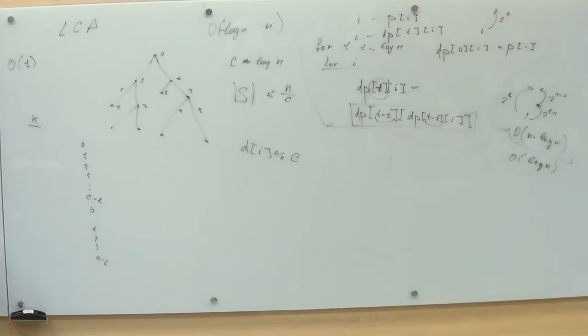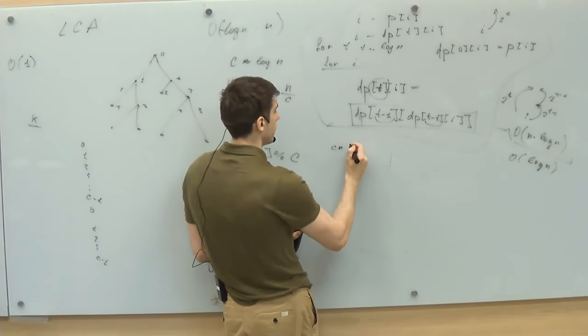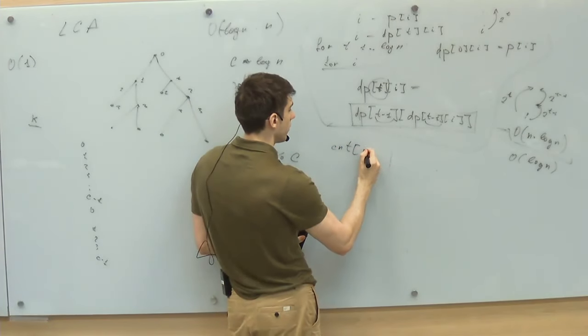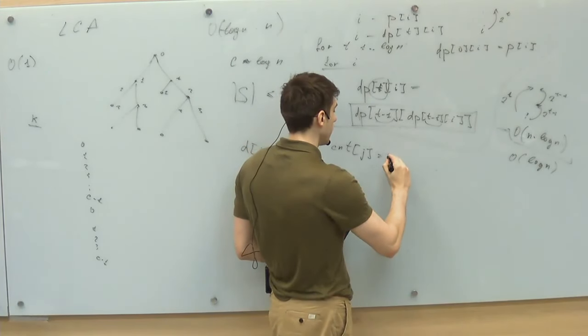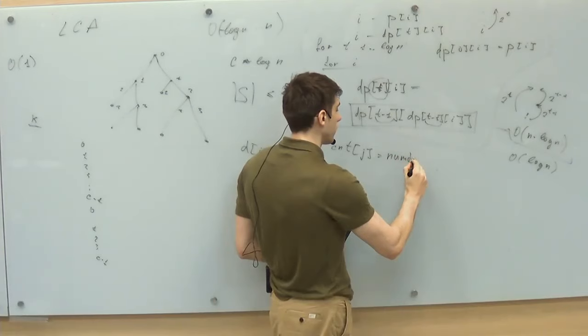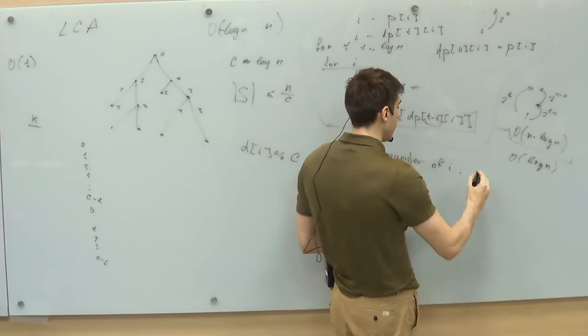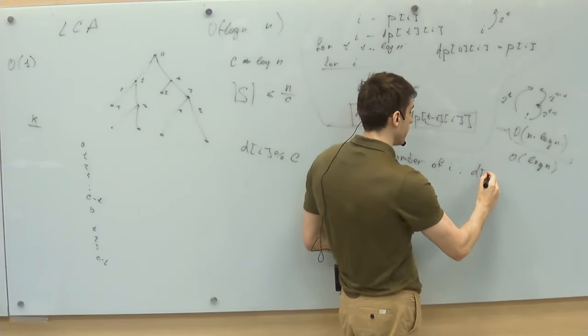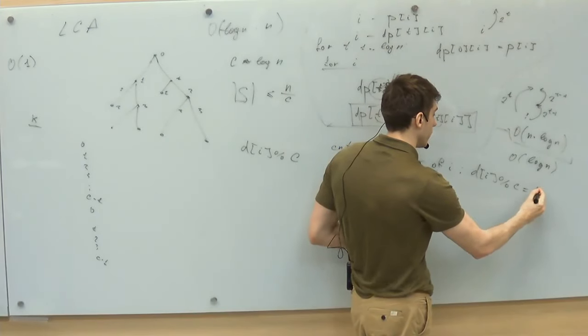And let's just count how many vertices we have for each remainder. So cnt[g] is the number of such i that the remainder of its depth modulo c equals g.